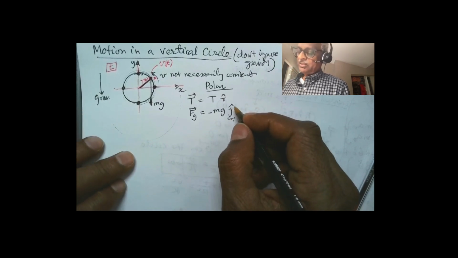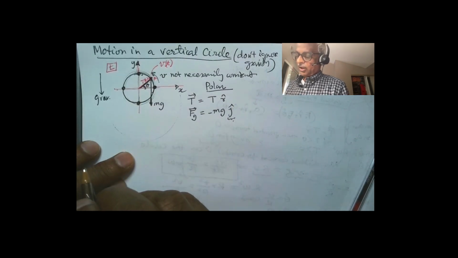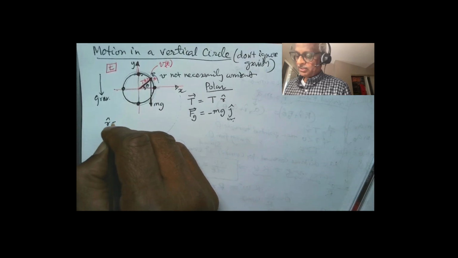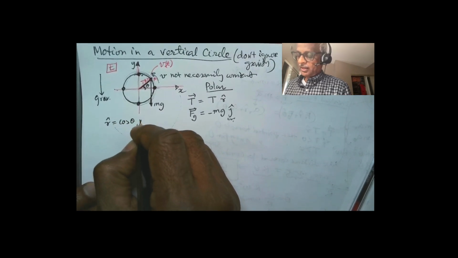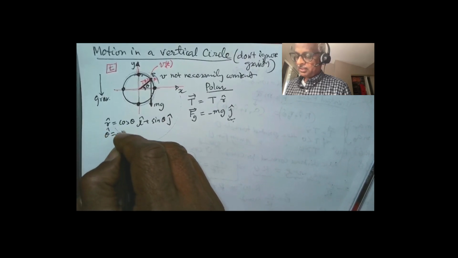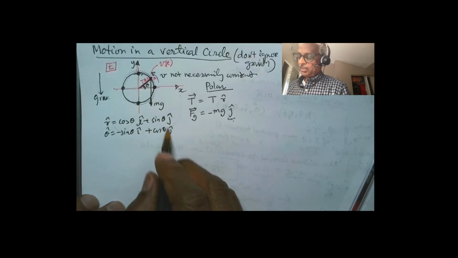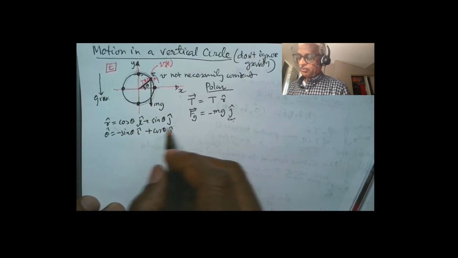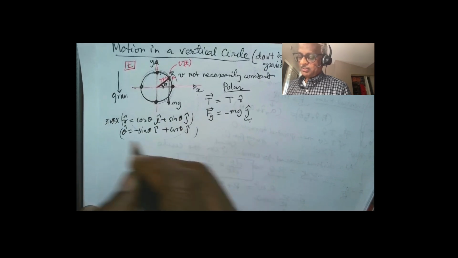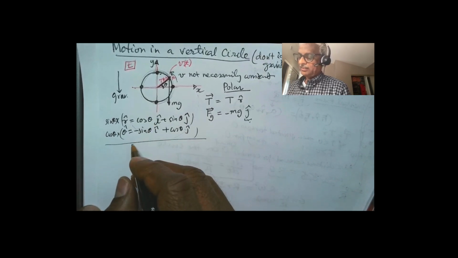We can do it a couple of different ways. You can do it geometry wise, where this is angle theta, or you can do it algebra wise. Remember that r hat was cosine theta i hat plus sine theta j hat, and theta hat was minus sine theta i hat plus cosine theta j hat. If I multiply the first with sine theta and the second with cosine theta and add them, I get rid of i hat.